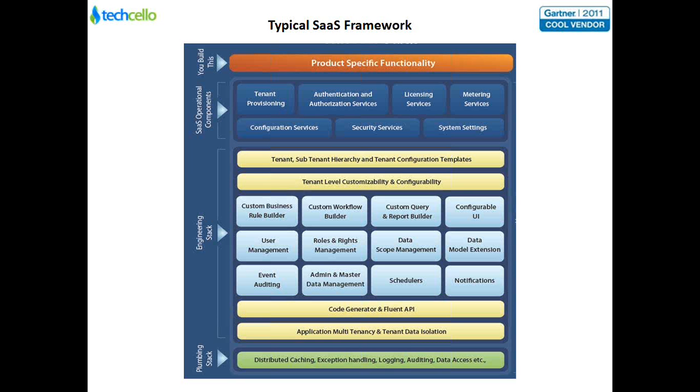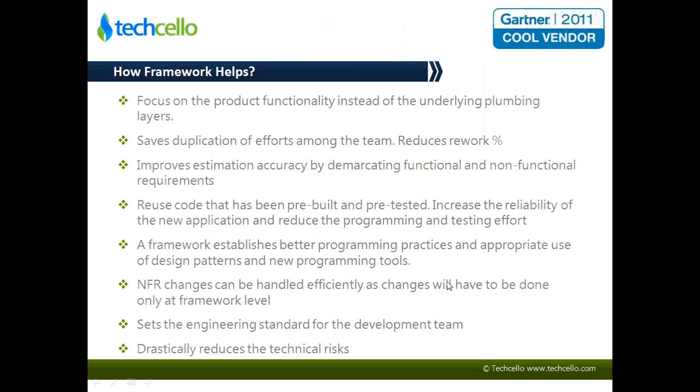The end user is not going to be using this feature, but the operational people of the ISV or the organization that has this product are going to use this. Similarly, licensing: how do I package my product differently? How do I meter the consumption of my product so that I can bill my customers according to the usage? So again, these are things which are done at the operational level.